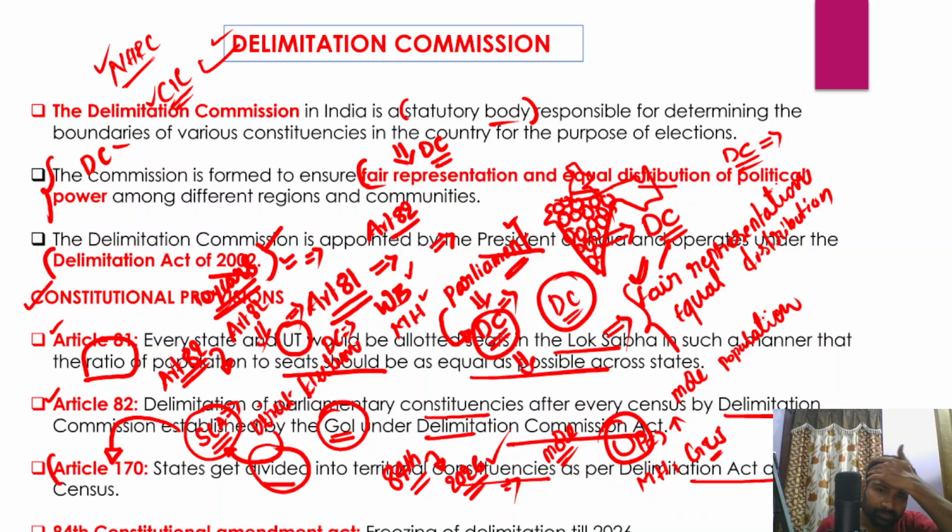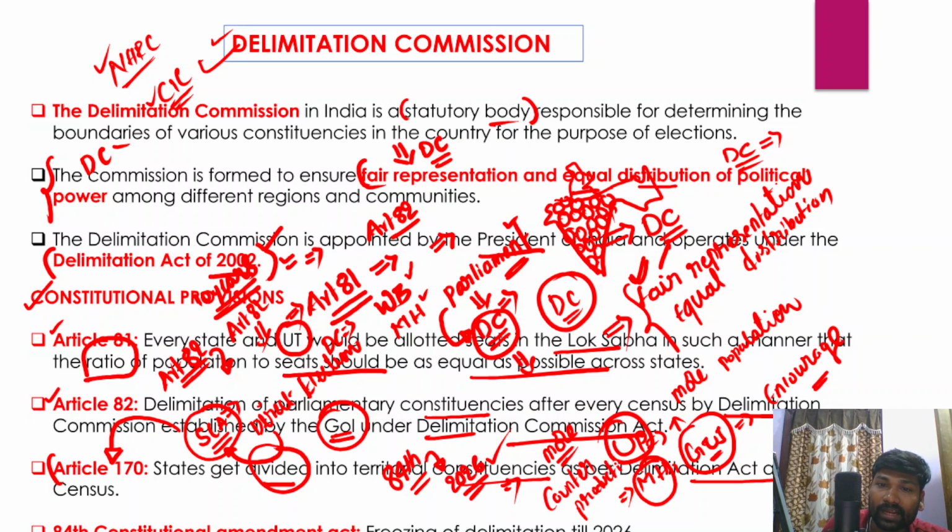For example, imagine that more population means more parliamentary seats, then states like Maharashtra and Gujarat will also encourage that these states should have more population so that they will get more seats, and that could be counterproductive to the attempts that are being made for the purpose of family planning, reduction in population, right?